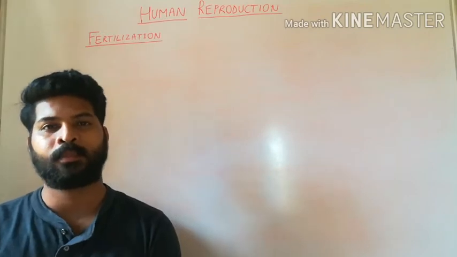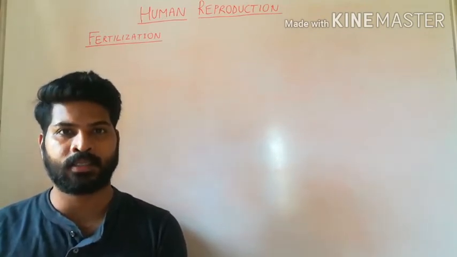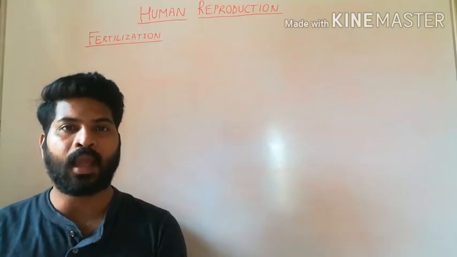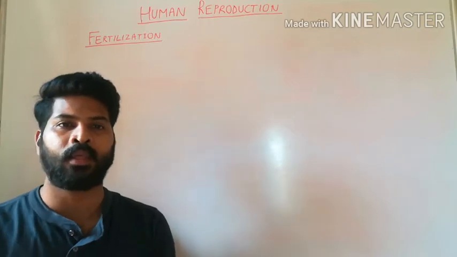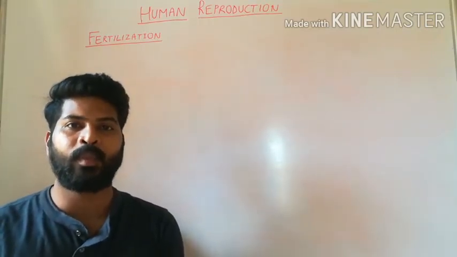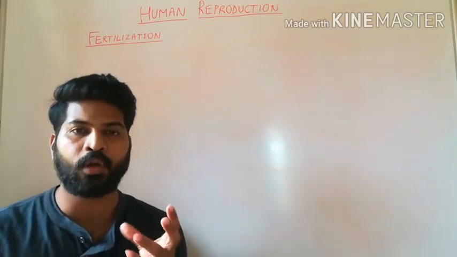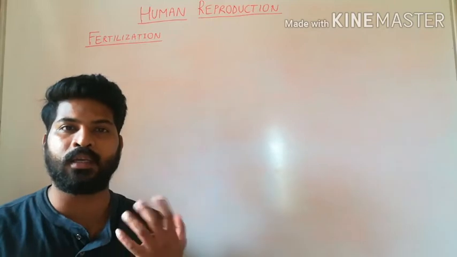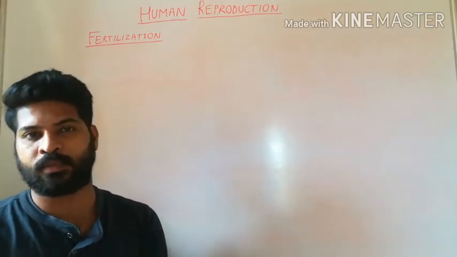Welcome back. In the previous session, we have discussed spermatogenesis, oogenesis and the menstrual cycle in human females. Now, during the 14th day of the menstrual cycle, the secondary oocyte or ovum is released by the ovary in a process called ovulation.